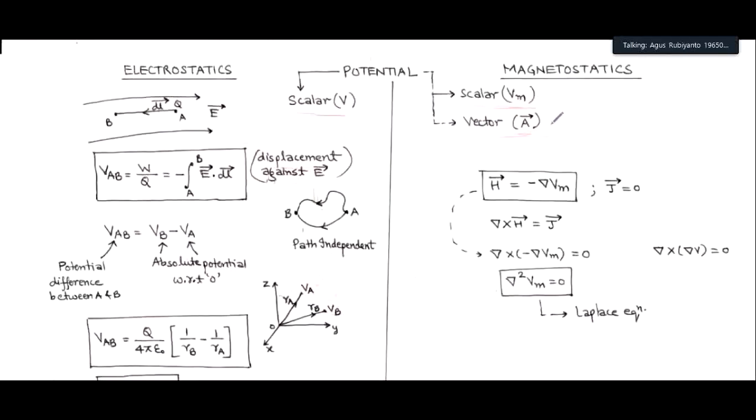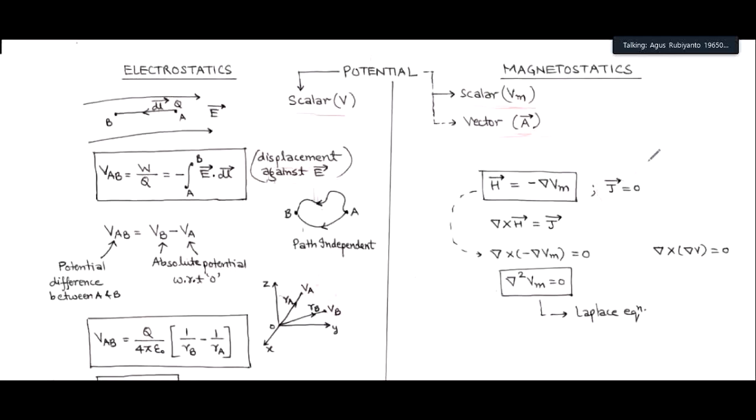We know that in electrostatics the relationship is E vector equals minus gradient of V. So we use this relationship for magnetic scalar potential, that is H vector equals minus gradient of V suffix m. And this relationship exists only when we consider a current density J vector equal to 0. So we can say that the magnetic scalar potential exists in a region where current density is 0.